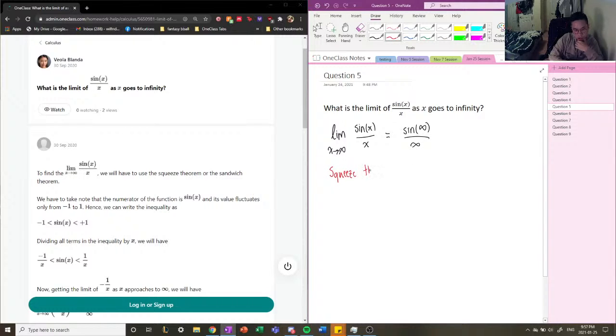The squeeze theorem is very easy, and it has two conditions to find the limit of our function.